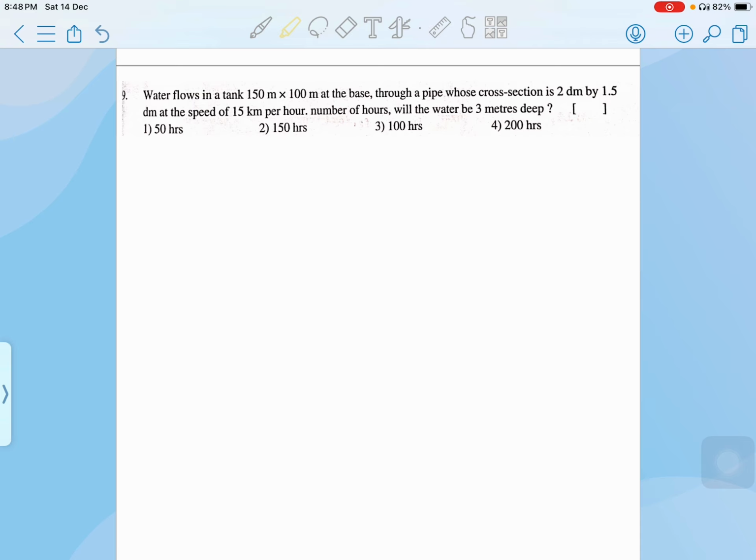So here they gave in two different units. Decimeter is also there and meter is also there. We will convert everything into meter. Why? Because they gave how many number of hours when the water is 3 meters deep. Since they are comparing that part in 3 meters, we'll convert all those things into the same unit, meters.